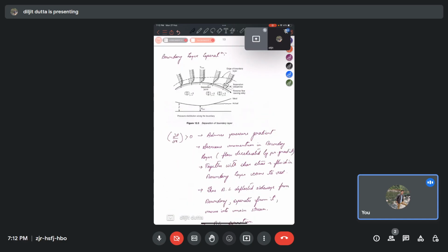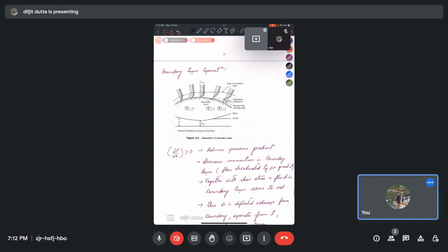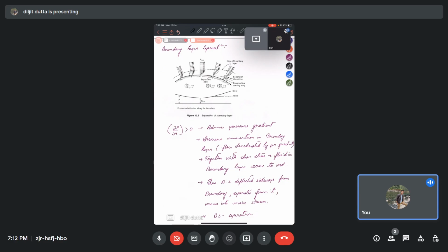Now let us come to the phenomenon called boundary layer separation. So what is boundary layer separation? If the pressure gradient is adverse, that is del P by del X is greater than 0, the flow is extremely retarded; the flow cannot go from low pressure to high pressure.